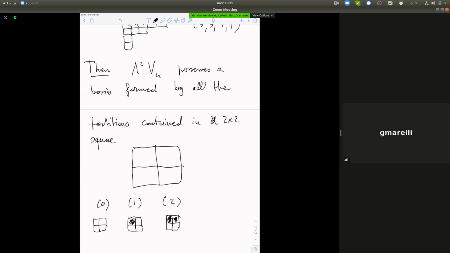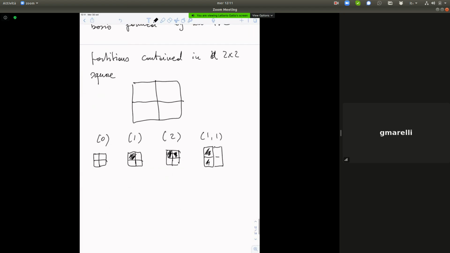And now we have also the partition 1, 1. As you see, it is contained in the 2 by 2 square. And then we have also the partition, this one. This is the partition 2, 1. And then finally, you have also the partition.